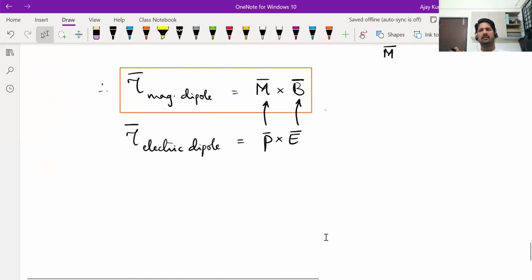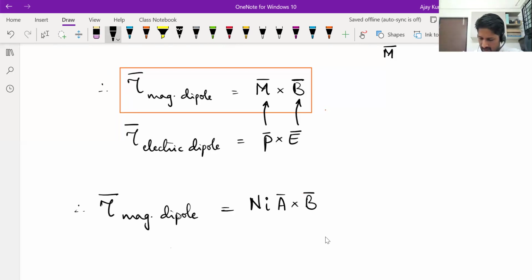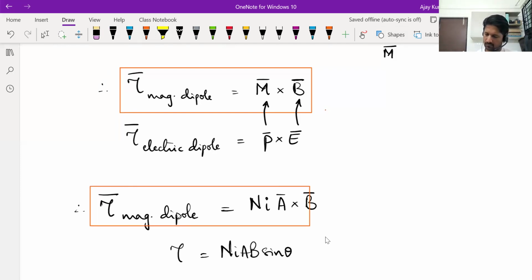Torque on an electric dipole in a uniform electric field is P cross E. Similarly, torque on a magnetic dipole in a uniform magnetic field is m cross B. And we know m is NIA. Therefore, in general, torque on a magnetic dipole can be written as NIA cross B. Its magnitude is NIAB sin theta.